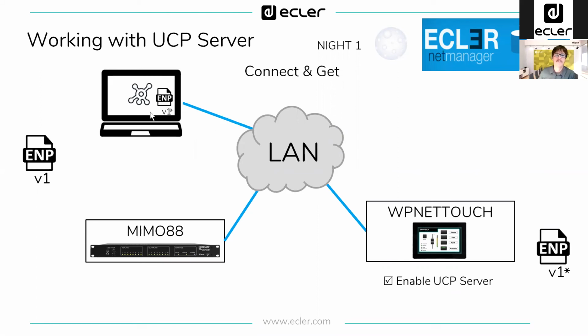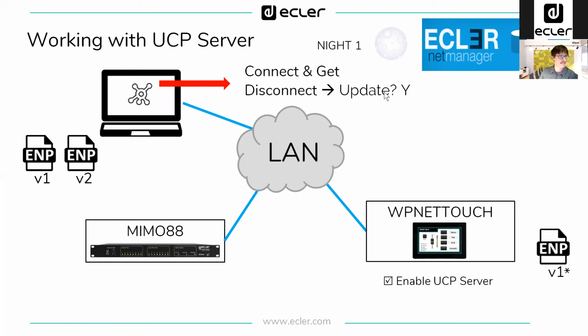Once you have it in your computer, you add this button, you make the adjustments you've been told to do, you save this file in your laptop, so you have a backup file, okay? And then once you are finished, you say, okay, disconnect. And the software asks, do you want to update? Then you say, yes, of course.